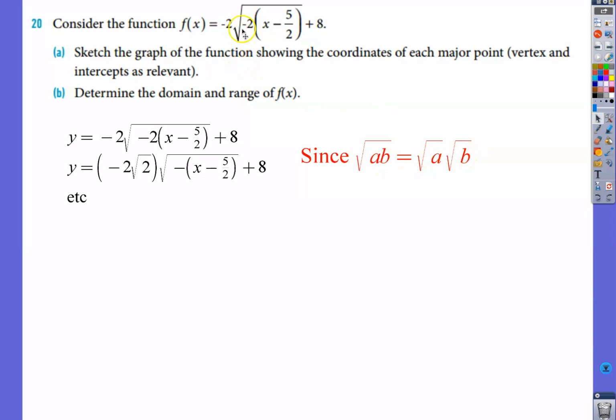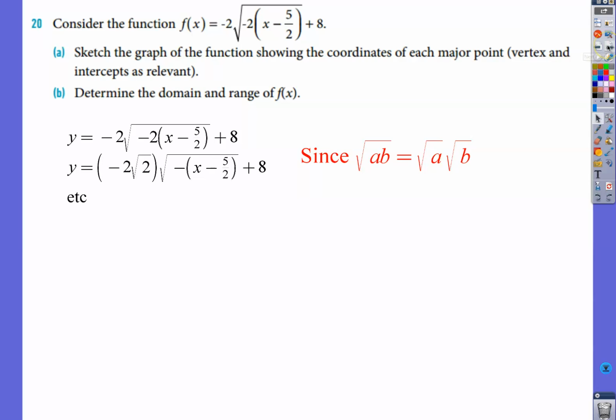So in this case, I've got -1 times 2 times all of that. So 2 is a factor. So I can basically take the square root of 2 on the outside. So now that becomes A, that becomes C, that becomes D, and you've got to flip the graph in the y-axis. So that's your hint for question 20.